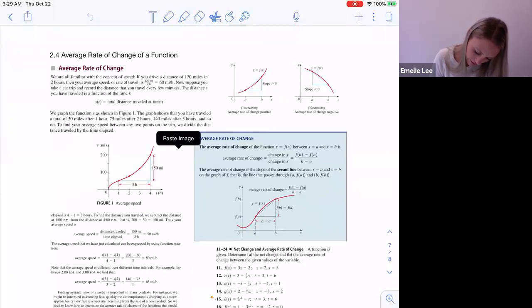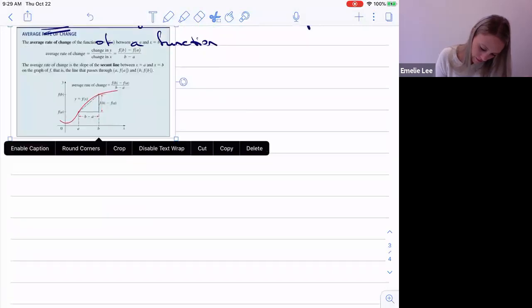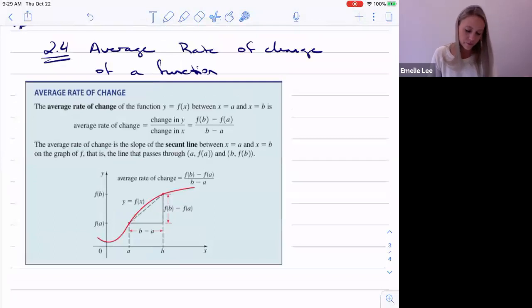We'll steal this little blurb here. Okay, so the average rate of change of a function y equals f of x between x equals a and x equals b is defined as f of b minus f of a over b minus a.